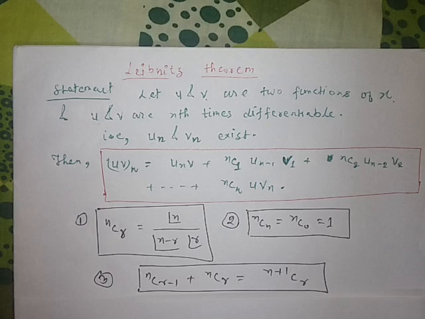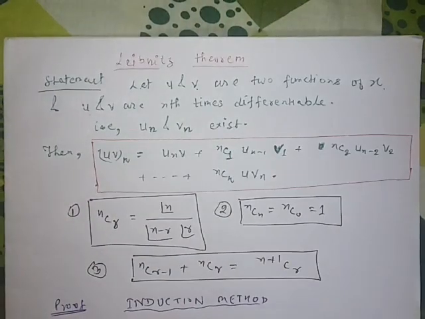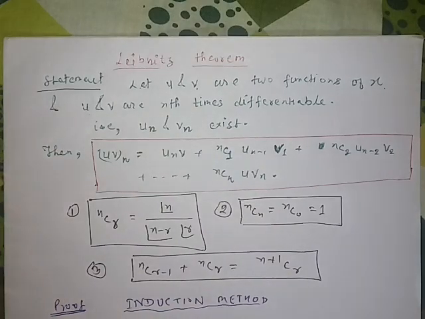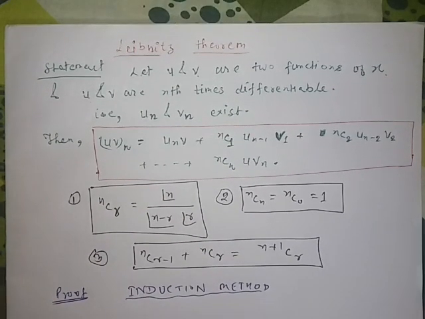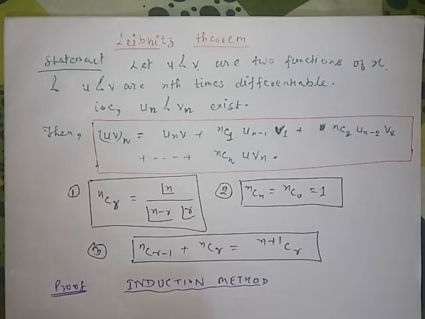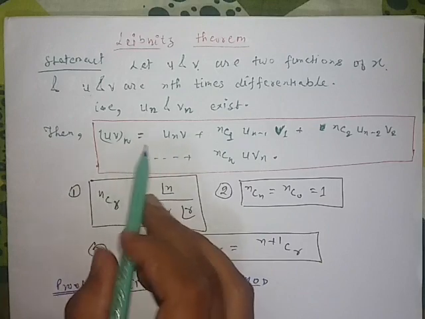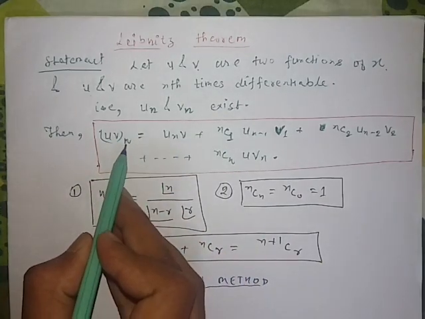So now we are going to prove the theorem. We will prove this theorem by the method of induction. What is the method of induction? We know the process of the induction method. First we will prove the theorem is true for n equal to 1.